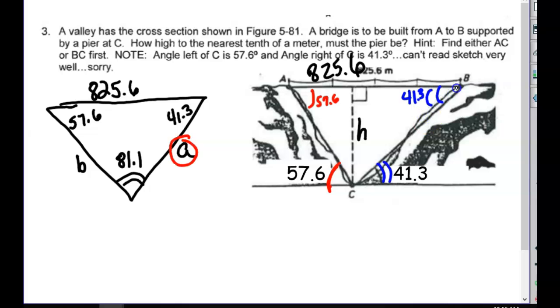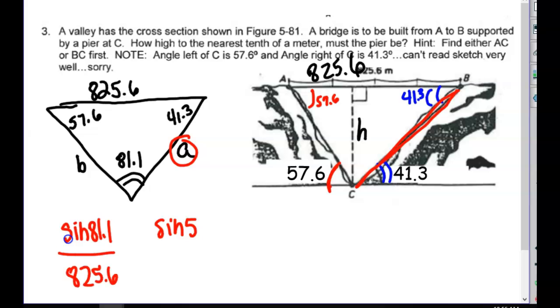So if we want to find this side over here, sine of is across from 825.6 in the same way the sine of 57.6 is across from little a, we're calling it.